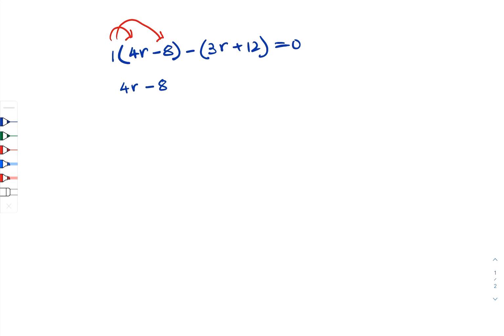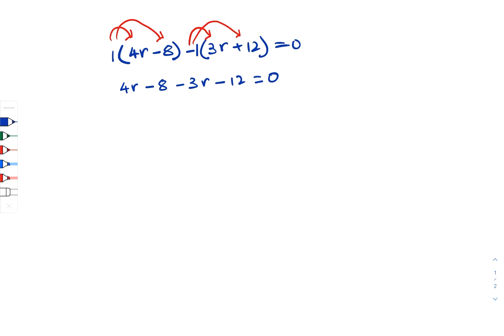And then in the second parentheses, again, imagine there's a 1 sitting in front of the negative sign. Negative 1 times 3r, and then negative 1 times positive 12. So that gives you negative 3r, negative 12 is equal to 0. At this point, combine like terms.